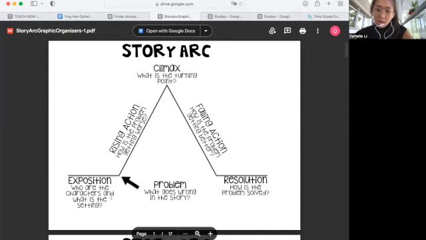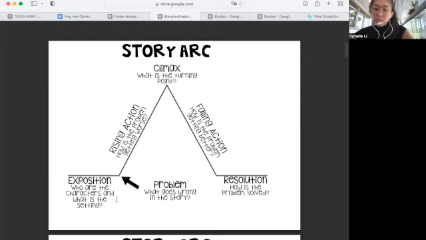The story arc, the exposition in The Tale of Despereaux: the setting is based on the castle's walls, and the characters are Despereaux's parents, his brother, and the friends that he met along the way.